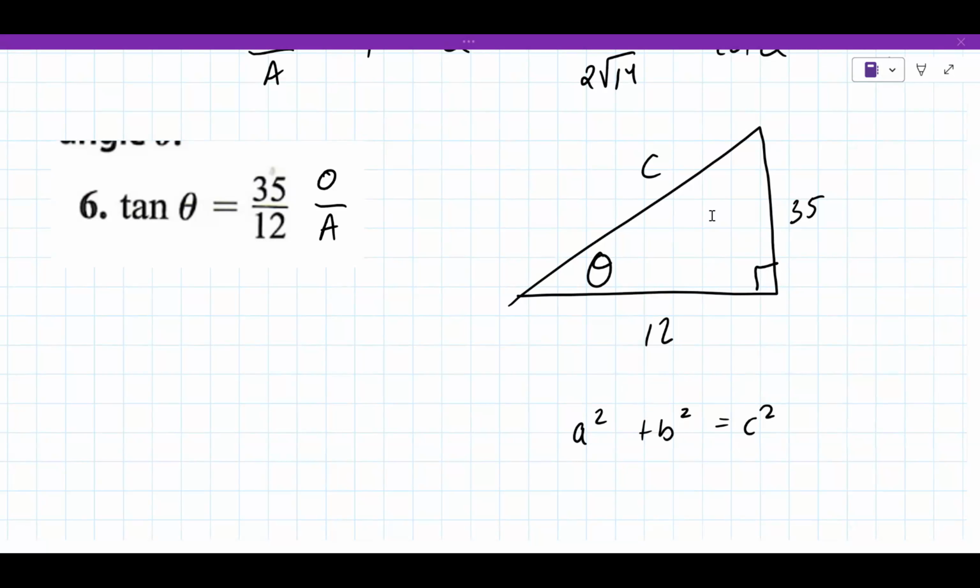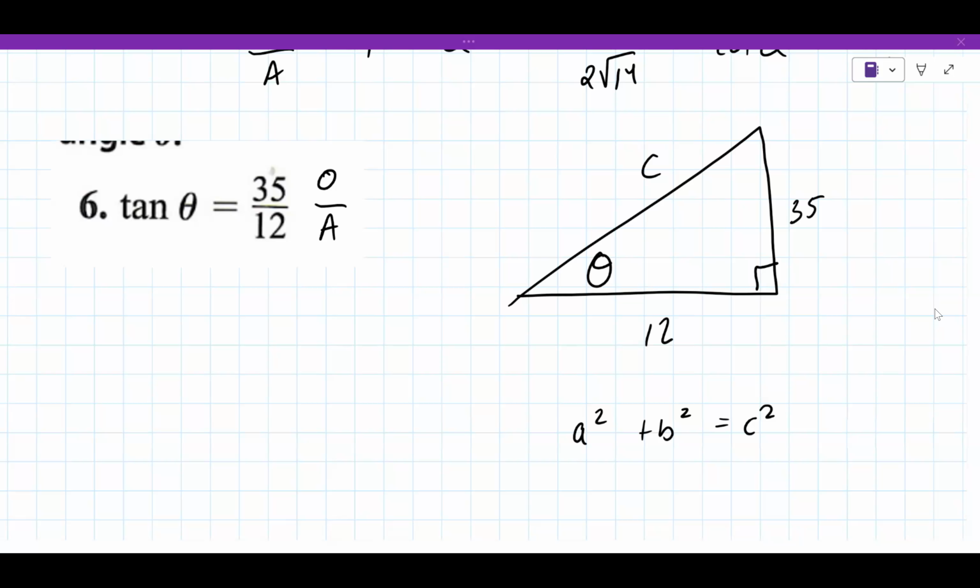This works out nicely to find the third side. 12 is a, 35 is b. C would be 37. Yes, very good.